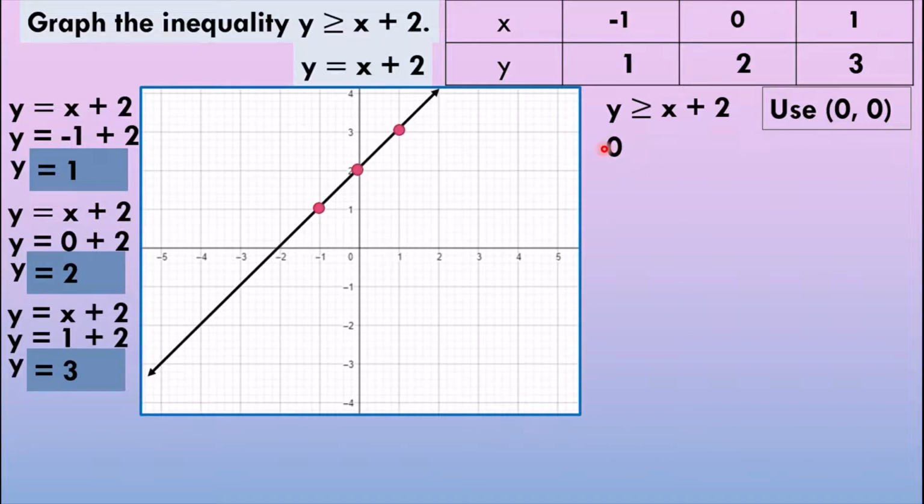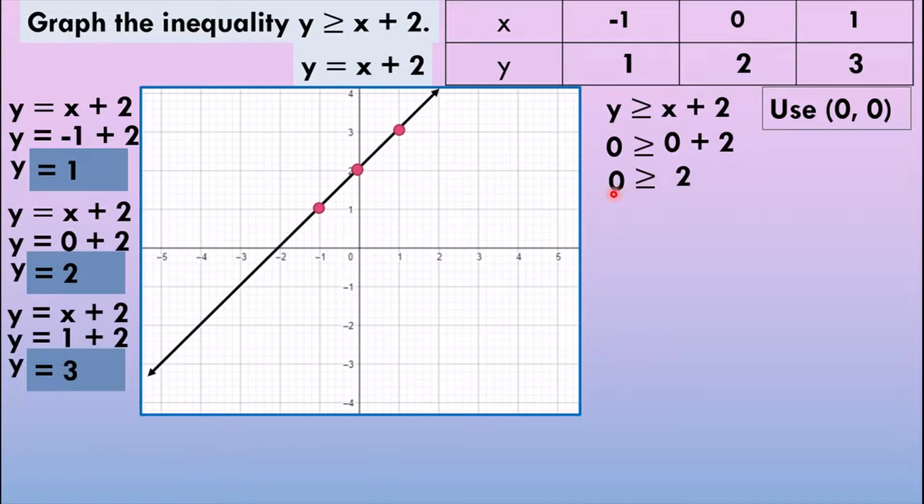Okay, so x is 0, y is 0. So, y is 0 is greater than or equal to, x is also 0, so 0 plus 2. Next, add 0 and 2, copy 0 is greater than or equal to 0 plus 2, we have 2. So, this says 0 is greater than or equal to 2. Okay, so this is false.